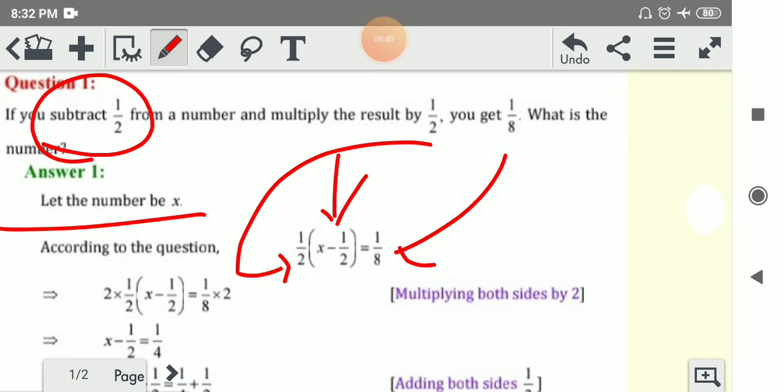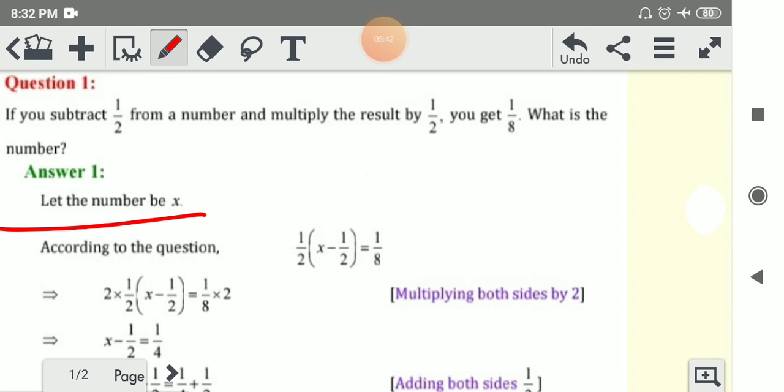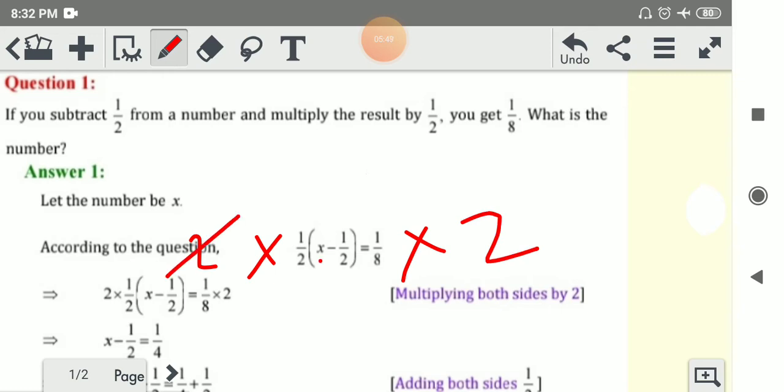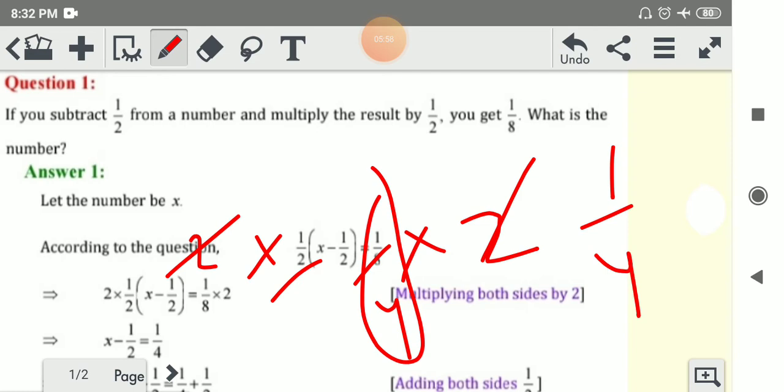Now solve for x. Firstly, here multiply by 2 on both sides, because 2 and 2 will be cancelled, and here we get 1 by 4. Okay.